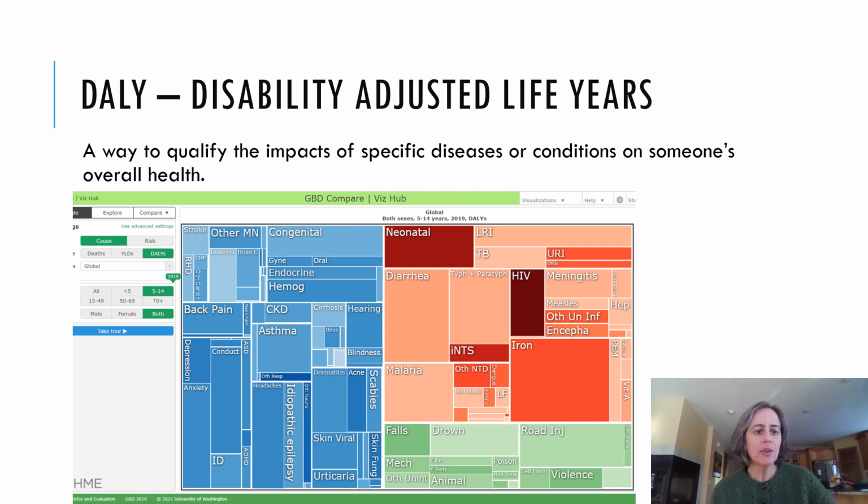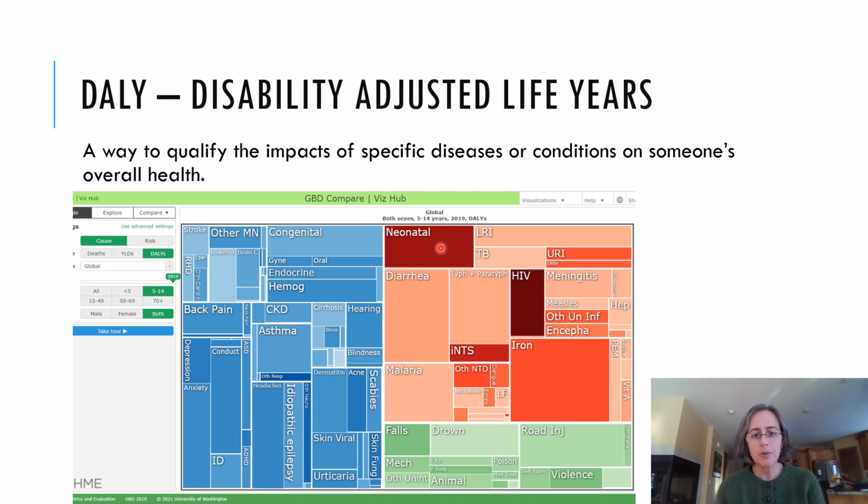And right now what we're looking at is causes of disability adjusted life years globally, so worldwide, in ages 5 to 14. So this is in children after they've survived those initial 5 years, right? And so what you can see here is that some of the biggest ones are neonatal causes, right?